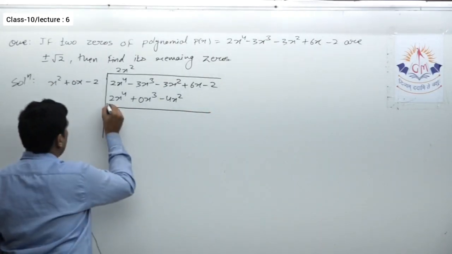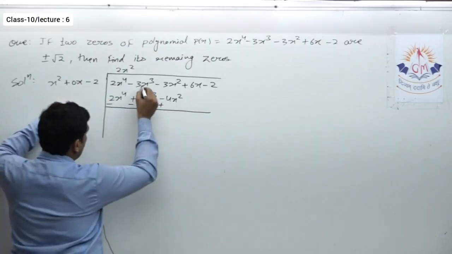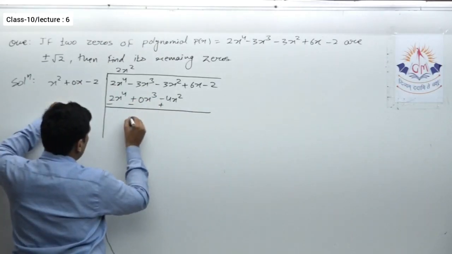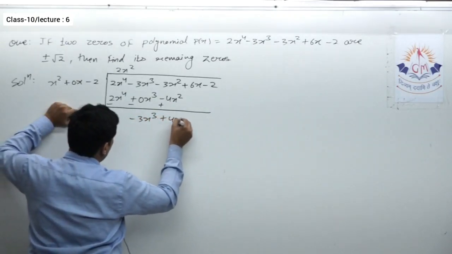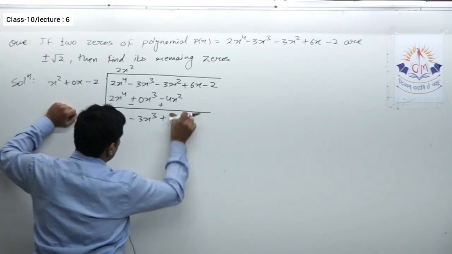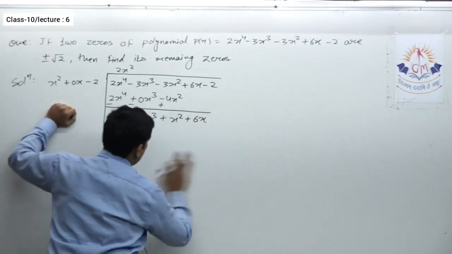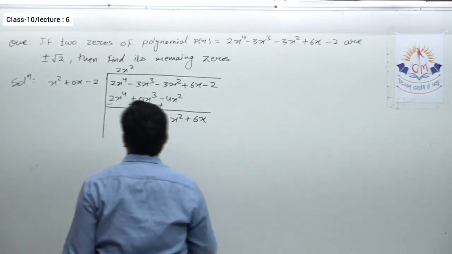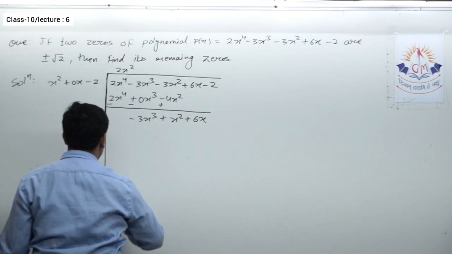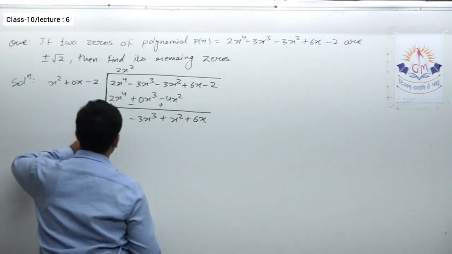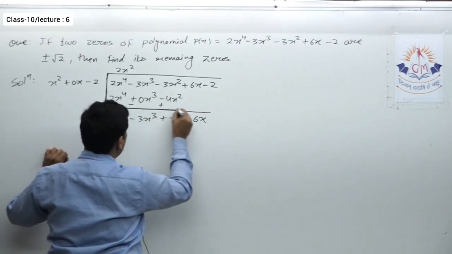When I subtract this, the 2x^4 will cancel out, and here -3x^3 - 0x^3 gives -3x^3, plus x^2, it should be plus x^2 plus 6x. Now here already 3 terms are there, and we need just 3 terms.